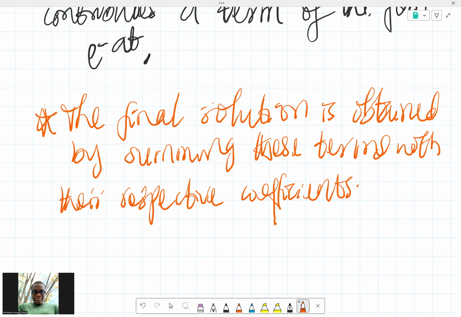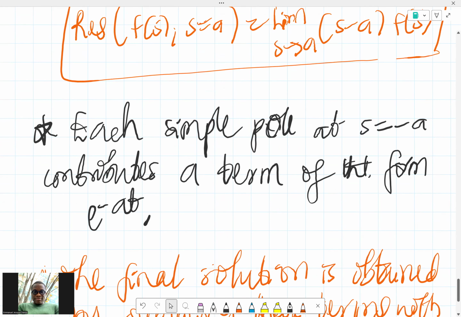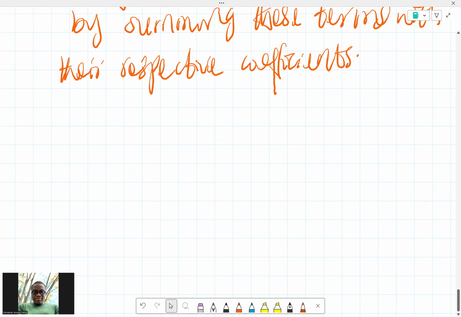So I just want to give instances of some special cases of poles, right? Imagine if we have, so we've taken an example of a regular case, right?